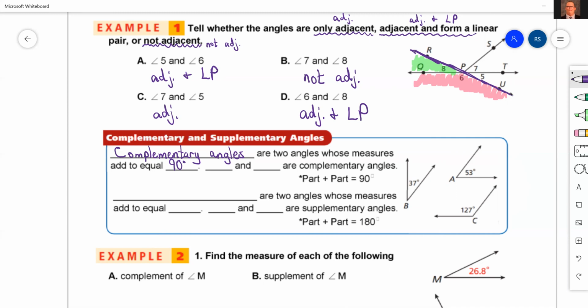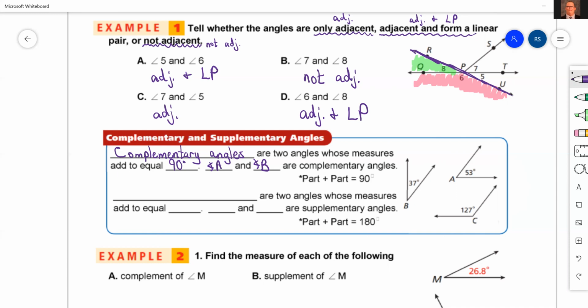Now, if we look at these pictures here of angles A, B, and C, what two can we add together to get 90? Well, C's out of there. It's over 90 by itself. So that leaves us with angle A and angle B. Notice they don't have to be touching to be complementary.